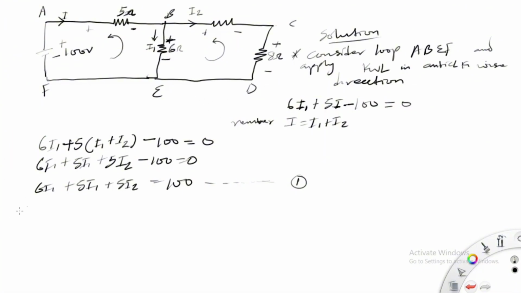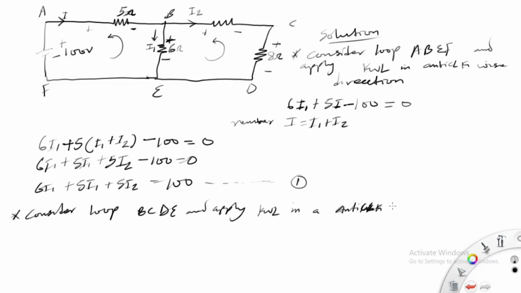For the second loop, we'll now consider loop B, C, D, E, and apply KVL in an anti-clockwise direction.